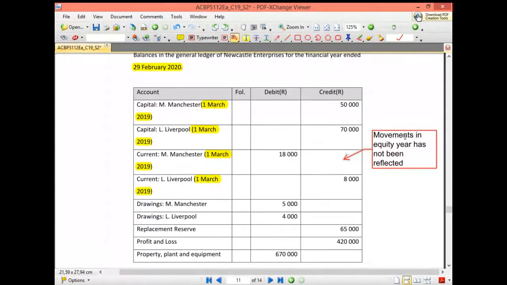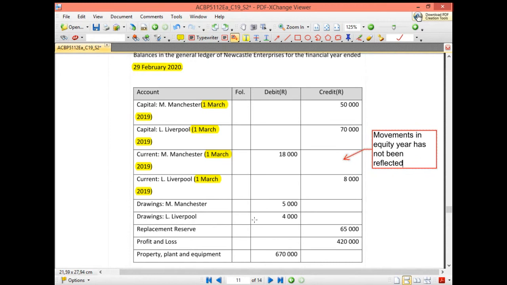Okay. Now remember, for a partnership, our capital is the physical capital they've put into the partnership, whereas the current account is any movement in your profits that you've received, and any drawings you take out would run through your current account. Okay, so that would generally show any movement in your capital holding within that partnership.